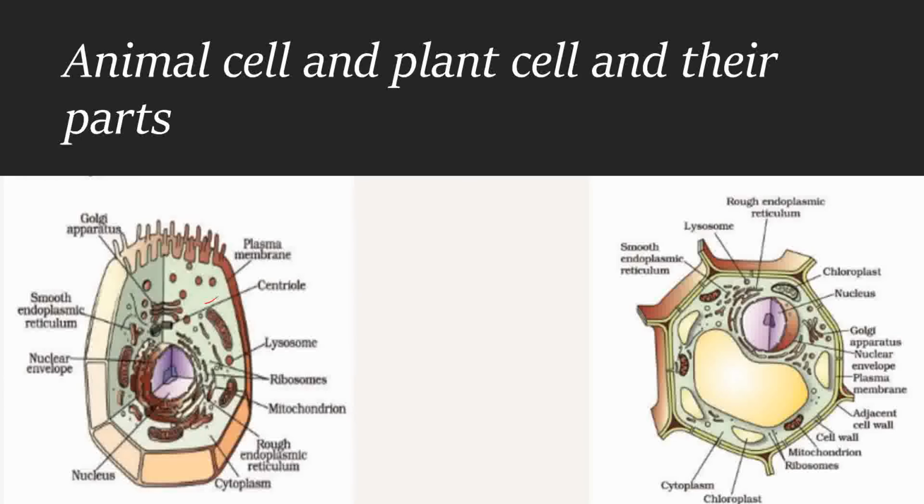The manufactured proteins are then sent to various places in the cell depending on need using the ER. The smooth endoplasmic reticulum helps in the manufacture of fat molecules or lipids important for cell function. Some of these proteins and lipids help in building the cell membrane. This process is known as membrane biogenesis.